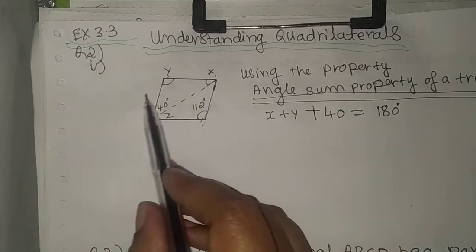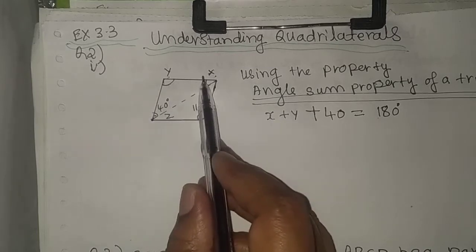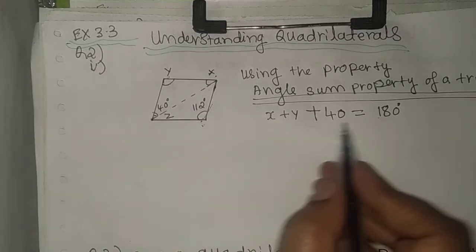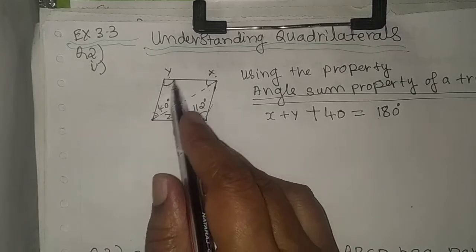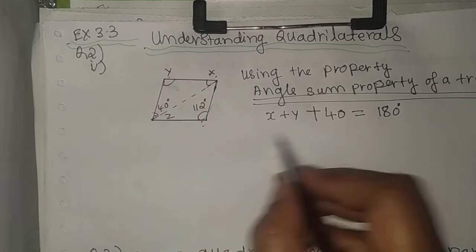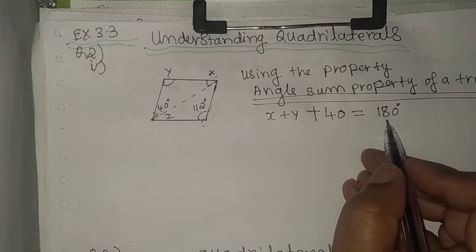As we know, the sum of the angles of a triangle is 180. So this contains two triangles, so the whole sum of a parallelogram will be 360 degrees.